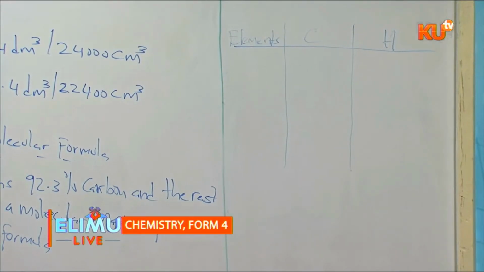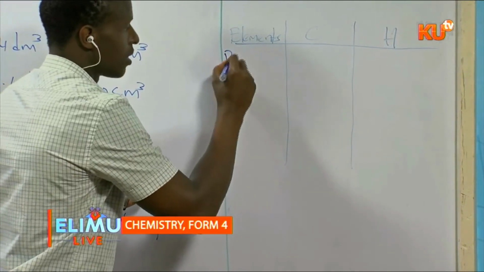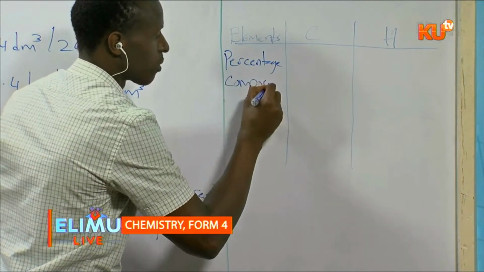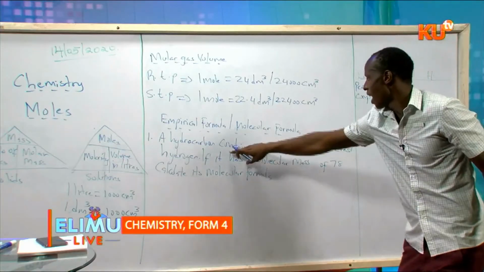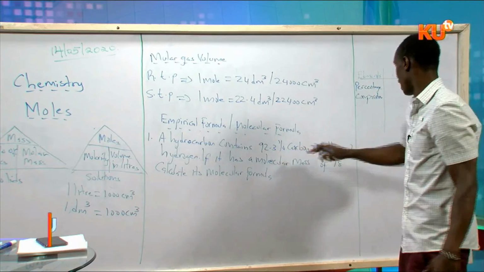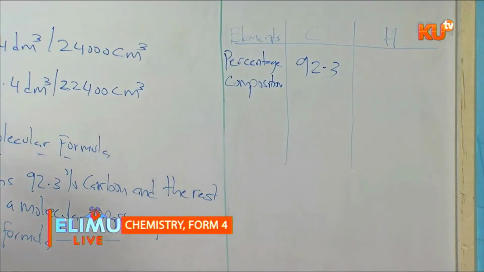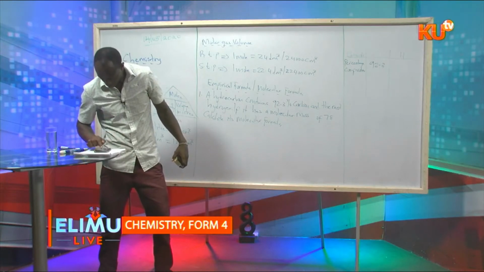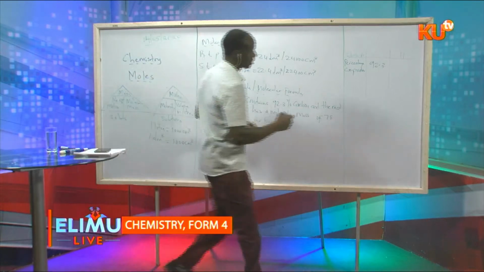Then the second part, you write the percentage composition. So a hydrocarbon contains 92.3% carbon, so this one is 92.3, and the rest is hydrogen. So if the rest is hydrogen, our total percentage adds up to 100. So you do 100 minus 92.3. That gives you 7.7.